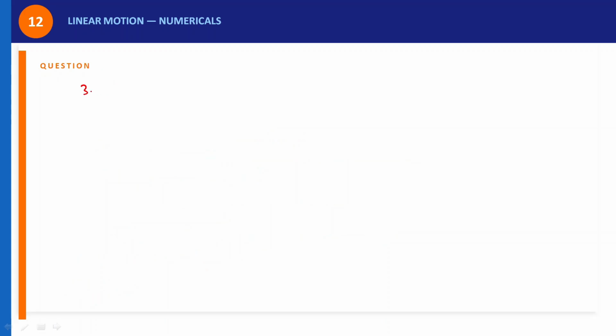Then the distance A to B is 3 meters. The initial velocity is u, the time is 1, plus 1 by 2, acceleration a into 1 square. So we have 3 equal to u plus a by 2. Then 6 equal to 2u plus a. This is the first equation.